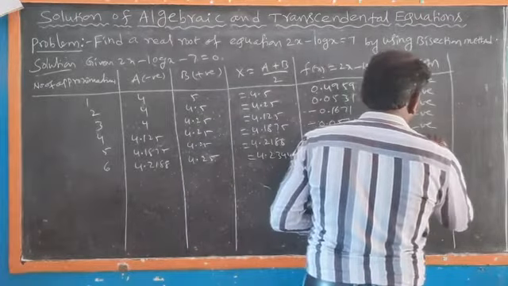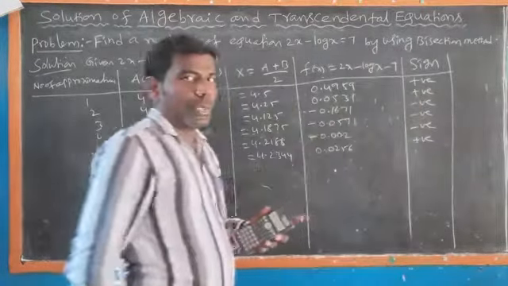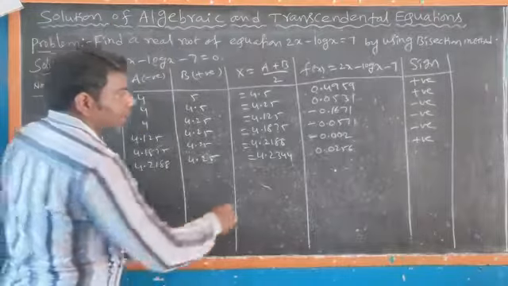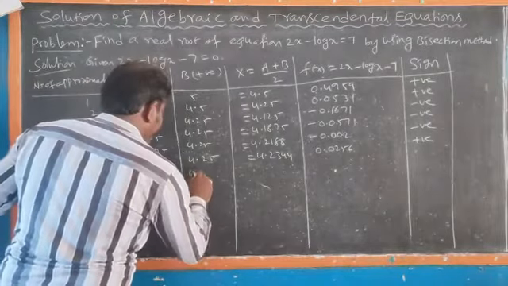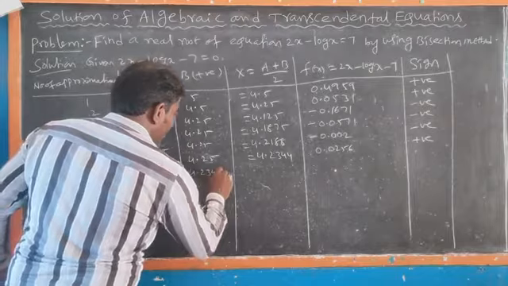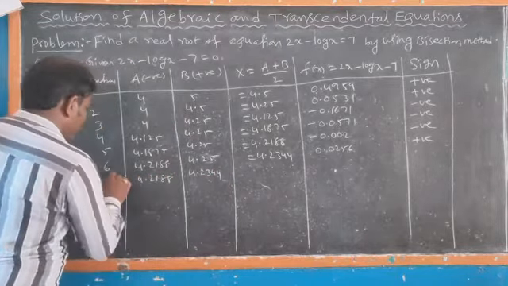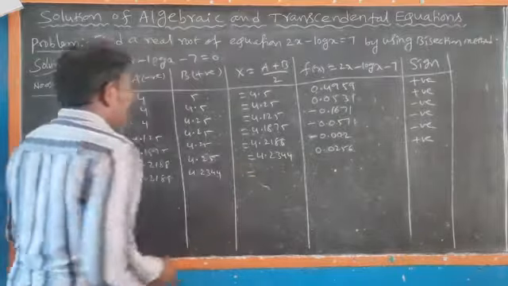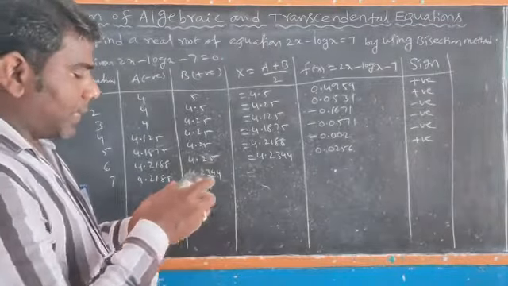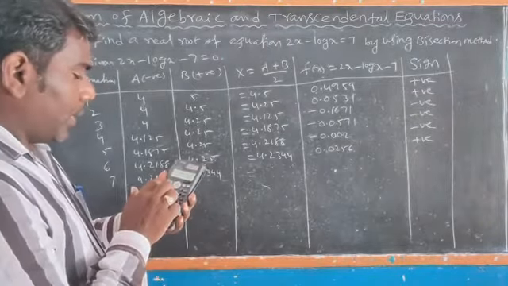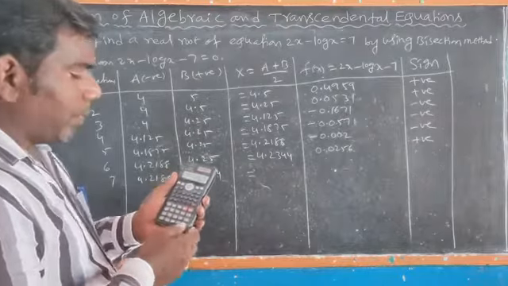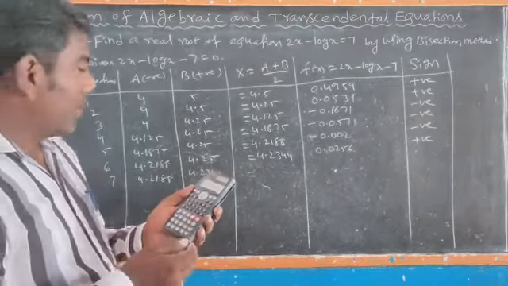This is a positive value. Okay. Now substitute the x value in b, 4.2344. This is 4.2187.